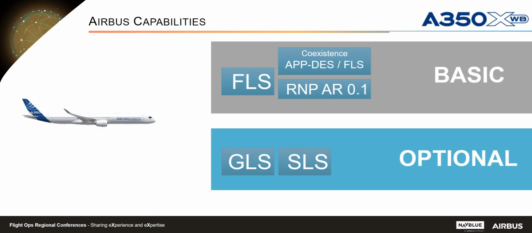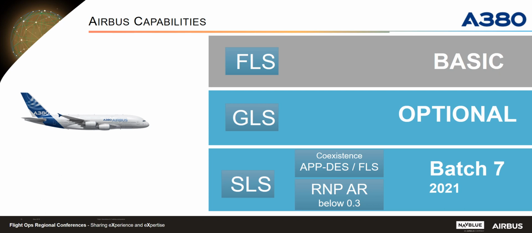Now let's review the Airbus aircraft capability regarding XLS. On A350, FLS, RNP AR 0.1 and coexistence are basic. GLS and SLS are proposed in option with a command mode. On A380, FLS is basic, GLS is optional, and the SLS and the coexistence function will be proposed in the future batch 7 in 2021.